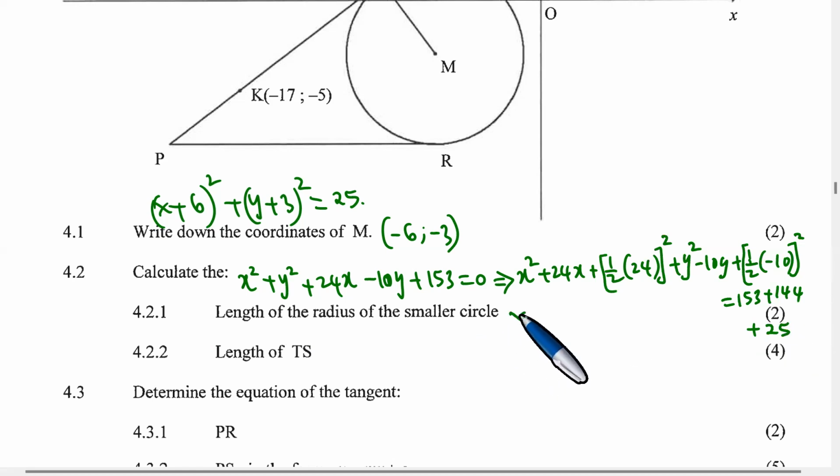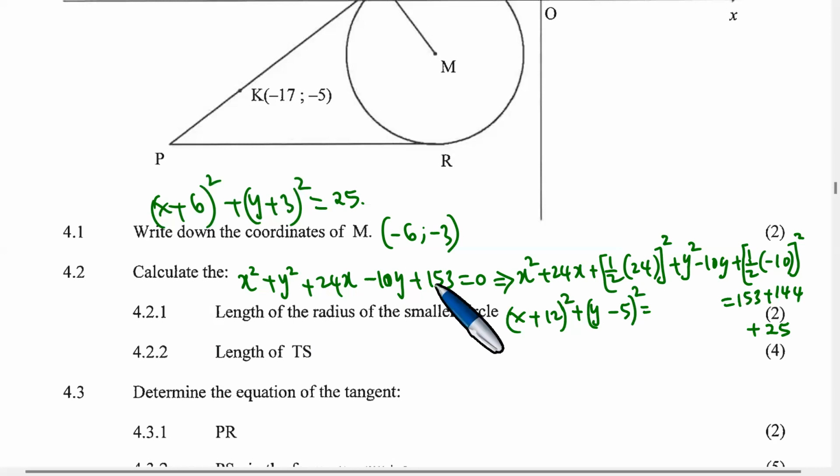The equation, therefore, becomes x plus half of 24, which is 12, squared, plus y minus 5, squared, equals.